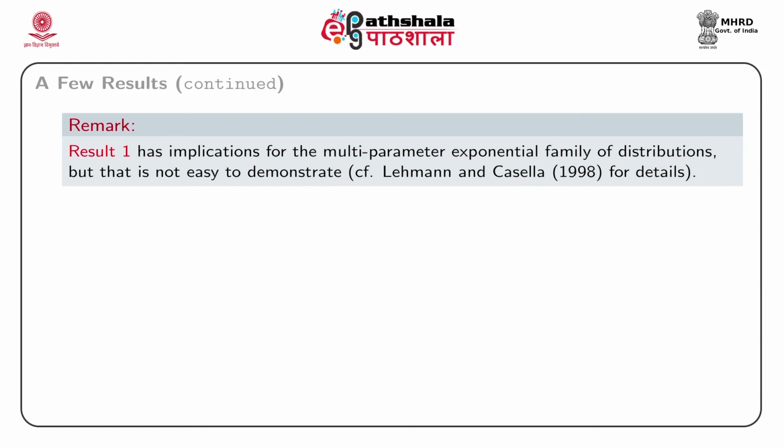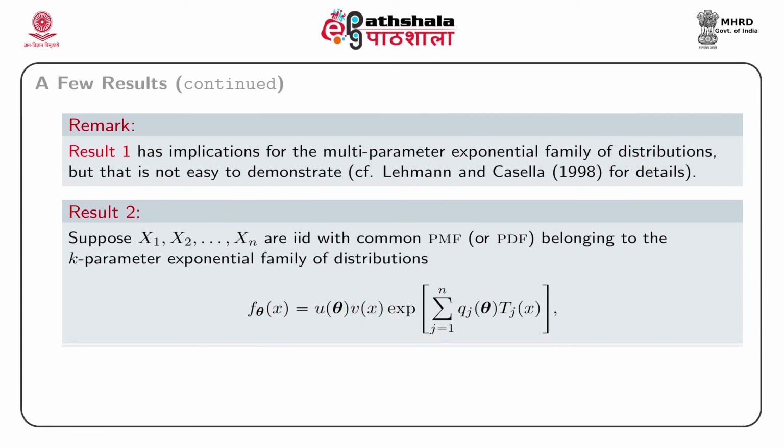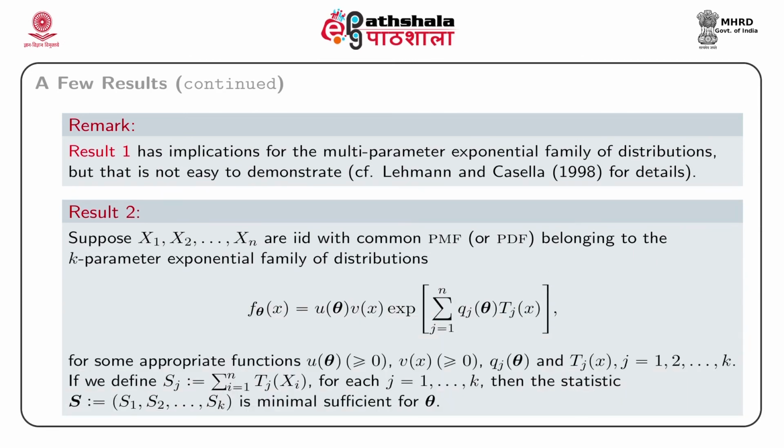Now the result is: suppose that X1, X2, up to Xn are IID with common PMF or PDF belonging to the k-parameter exponential family that we have already discussed in our module 8.